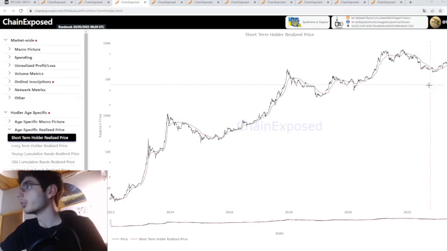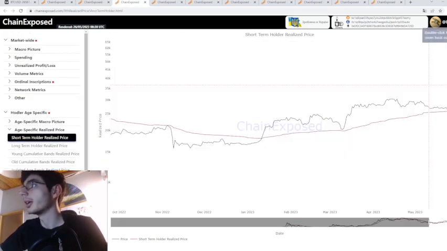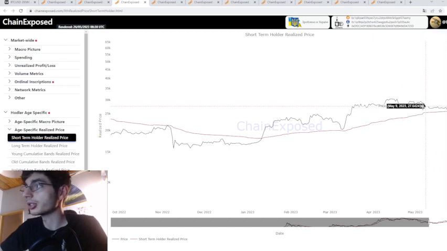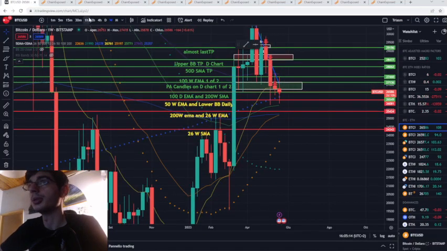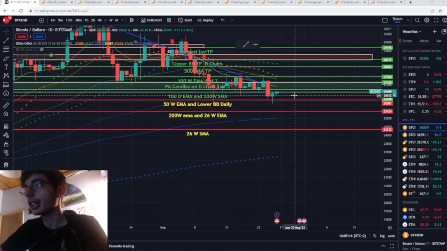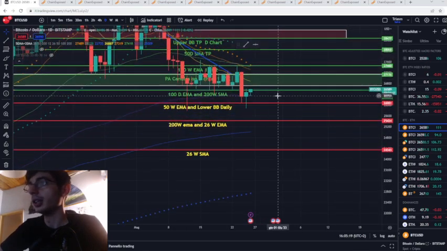So you see, we need to see then who realized profit at these levels, but the price, whether realized loss or realized profit, is still more or less in the same zone we were yesterday, and in fact still growing.